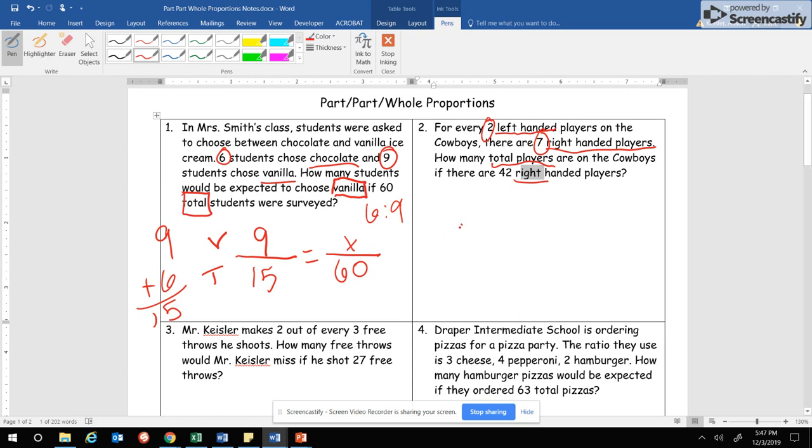So I'm looking for total players and right-handed players. So I'm going to put T and R as my labels. And then again, it only tells me 2 left-hand for every 7 right-hand, but I don't want left-handed players. So in order to figure out what the total is, I'm going to have to add those together because everybody on the team is either left-handed or right-handed. So 2 plus 7 is 9.